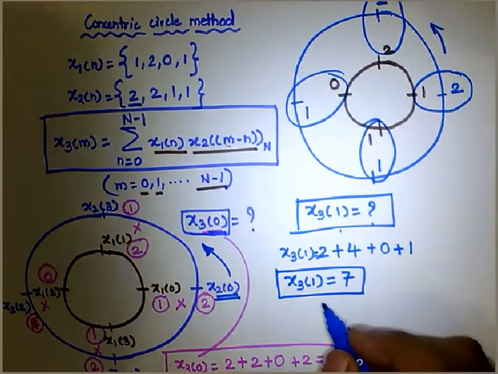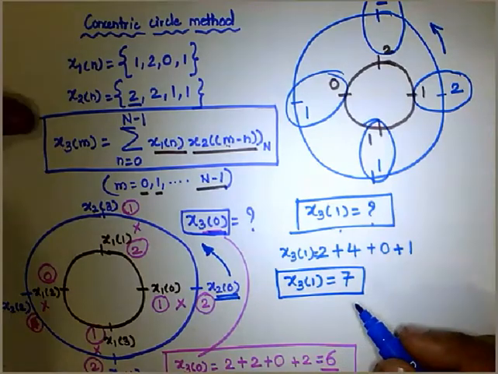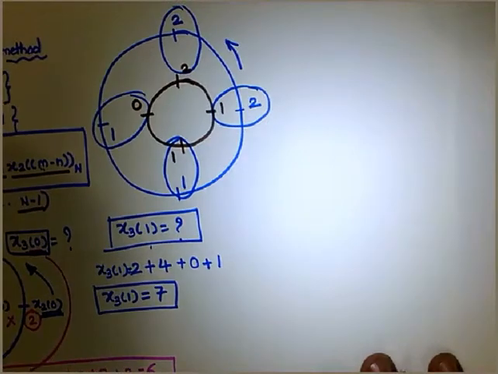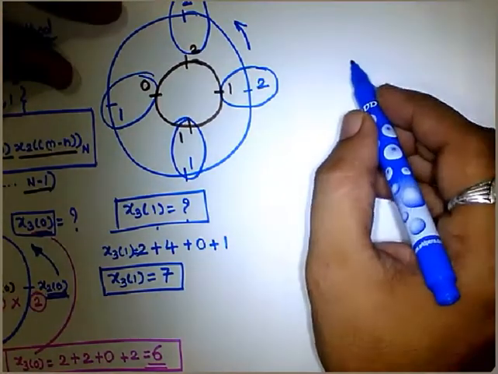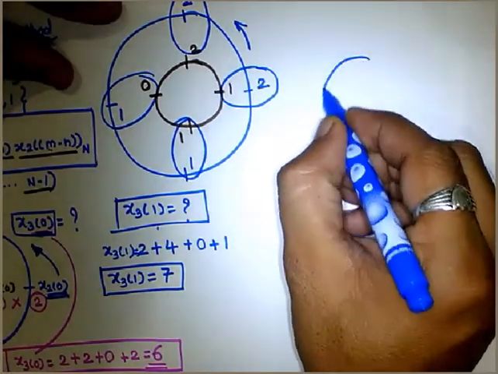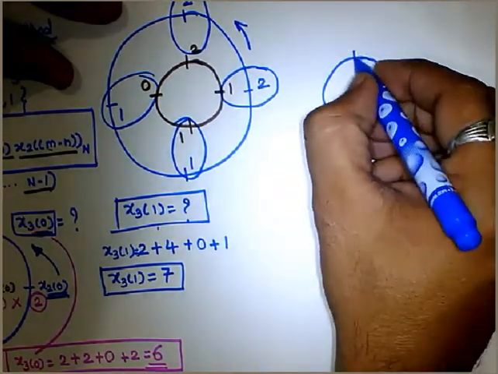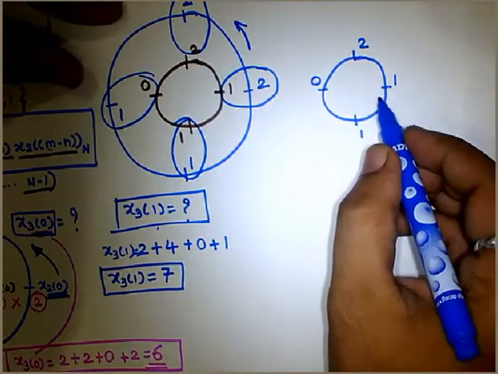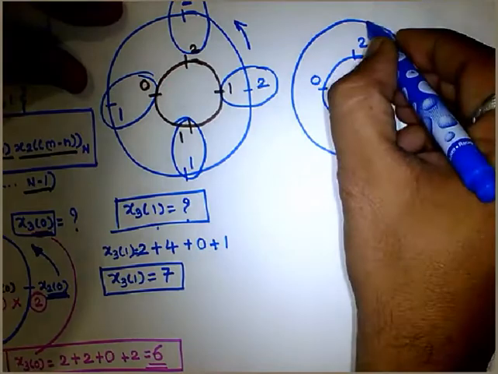Now let's see the next approach for calculating x3 of 2. For calculating x3 of 2, this method is again quite simple. Whatever we have right now, just move it by 1. So let me write x1 as it is. The inner circle will be as it is: 1, 2, 0 and 1. What about the outer circle? Let's write down the outer circle.